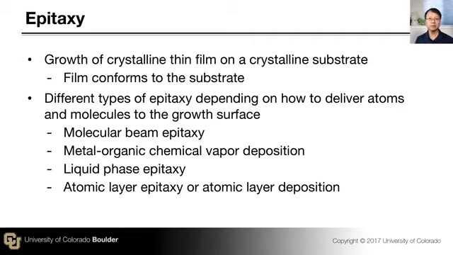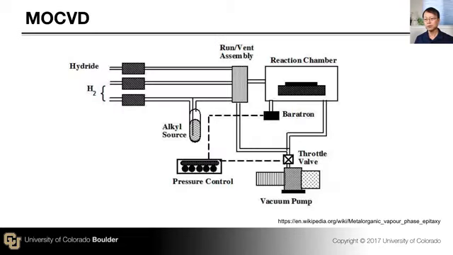There are several different types of epitaxy techniques: molecular beam epitaxy, metal organic chemical vapor deposition, liquid phase epitaxy, and atomic layer epitaxy, or more often it's called atomic layer deposition. All of them are currently in use. Metal organic chemical vapor deposition and atomic layer deposition are very commonly used in production of electronic devices.